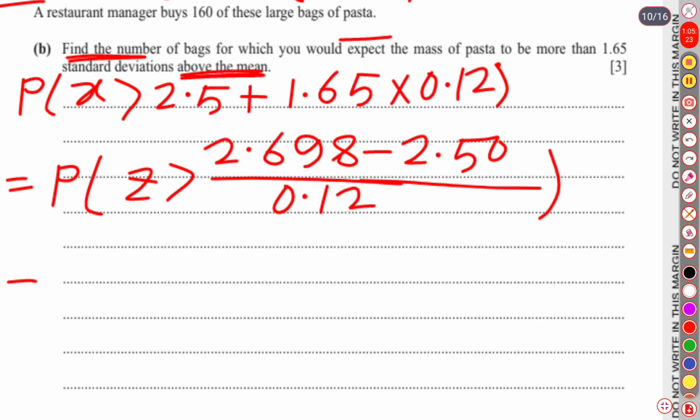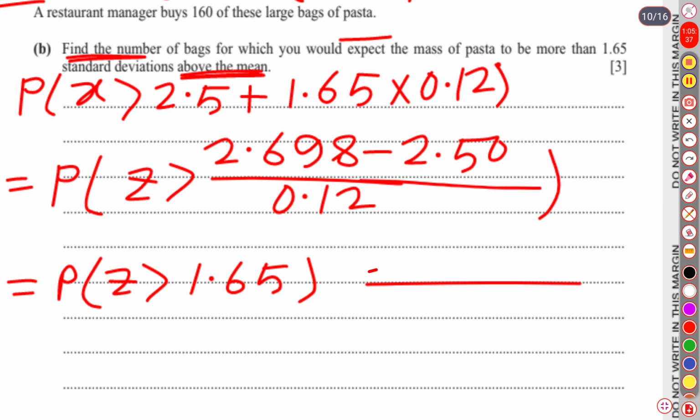So our z score is going to be 1.65. Surely it is lying on the right side of the mean. If you draw a curve, look at this, our probability is the right side, this tiny part.